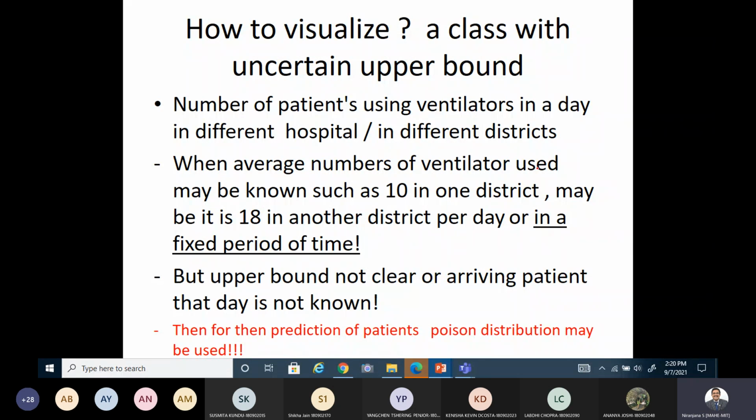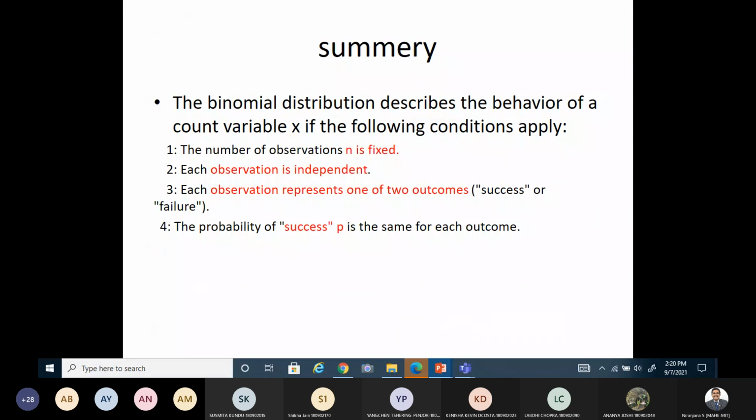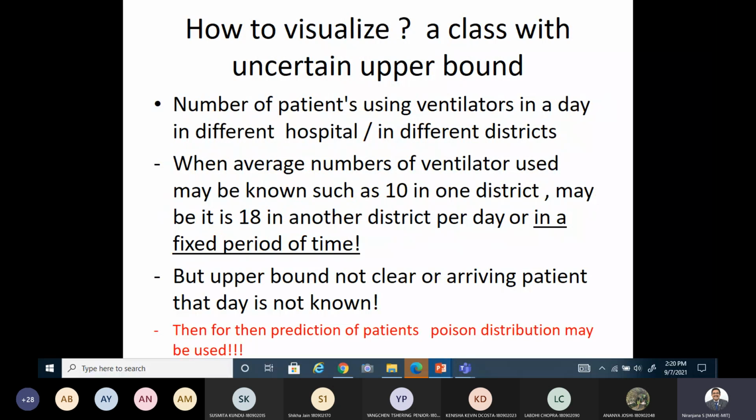So upper bound means that, for example, say you have some problem, which is given here: the number of patients using ventilators in a day in different hospitals, in different districts sometimes, right? The average number of ventilators used may be known, such that it is 10 in this district, maybe it is 18 in another district, or in a different time interval it may be even different.